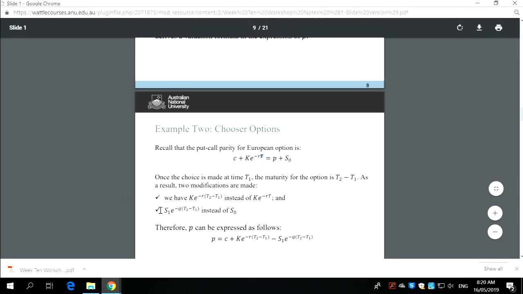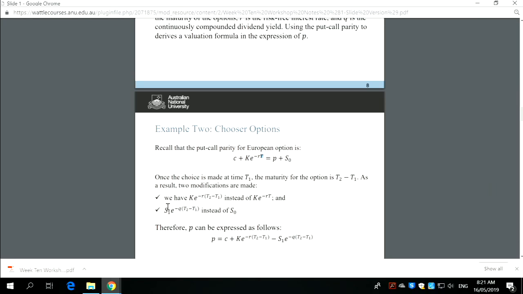We use S1 times e to the power of minus q times (T2 minus T1). Why S1? Because S1 is the spot price at T1, the point in time where we made a decision, so that's the starting or initial spot price, if you like. We're going to use this expression to replace S0 in our put-call parity.